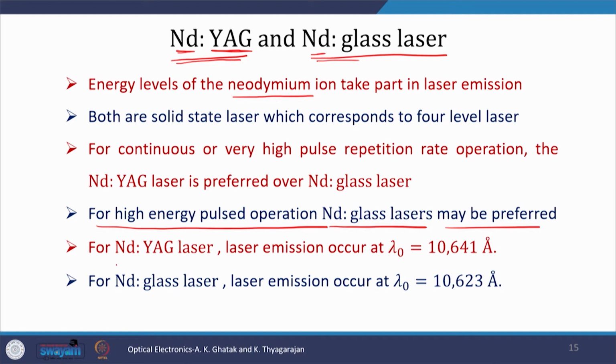Coming to the wavelength of operation, the Nd YAG laser gives us laser emission at wavelength 10,641 angstrom, while the Nd glass laser gives us emission at wavelength 10,623 angstrom.